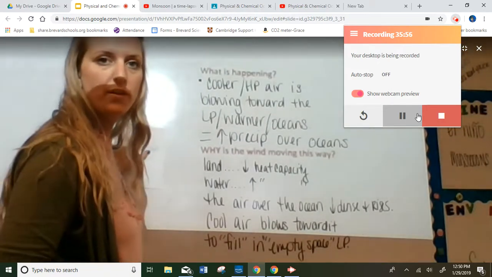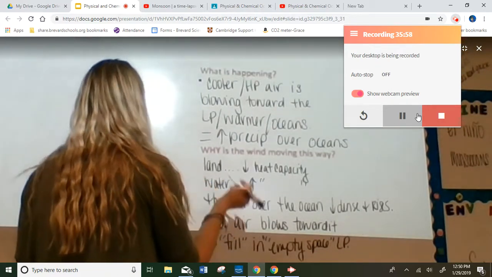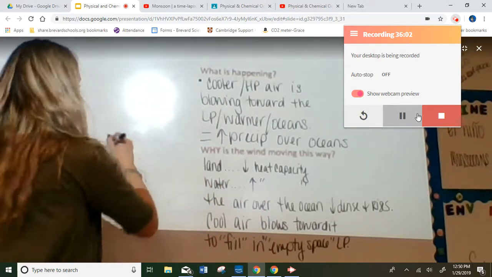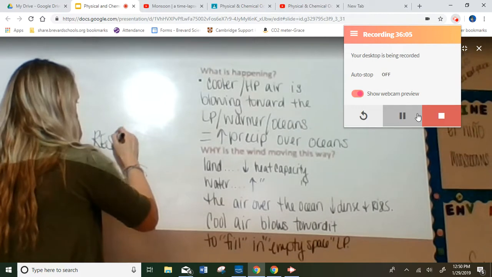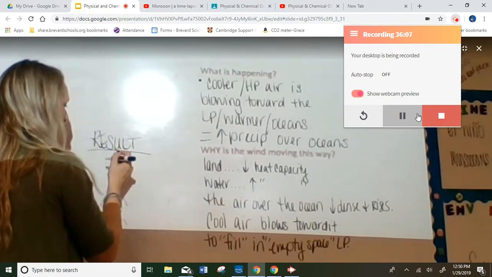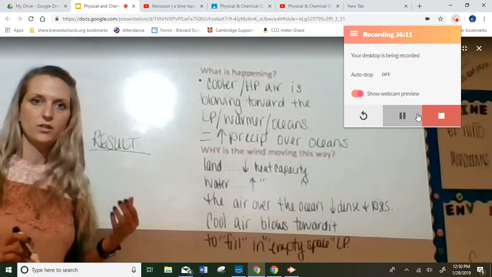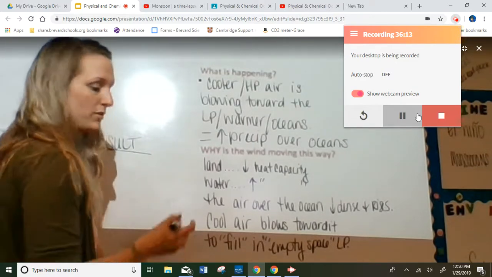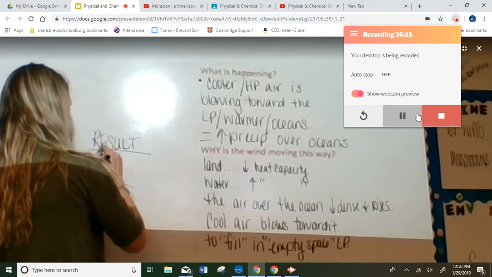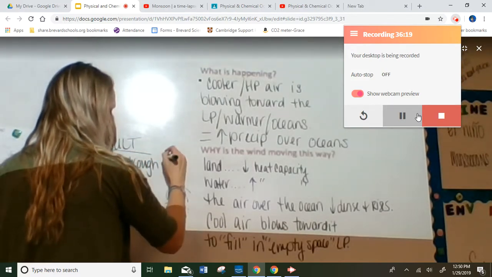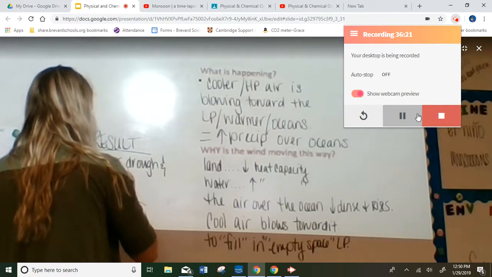What is the result then? On land you're going to have a lot of drought. This is your result. And this is seasonal. Monsoon means season. Monsoons are seasonal, so we're going to have a lot of drought in the winter, and famine.